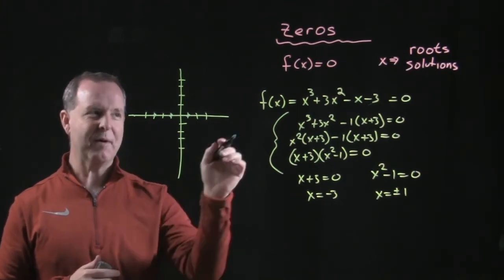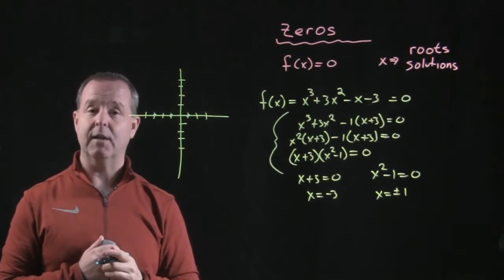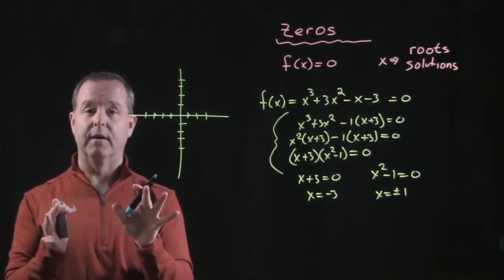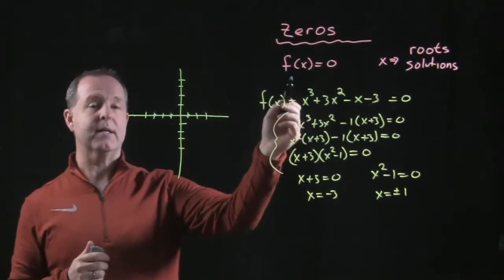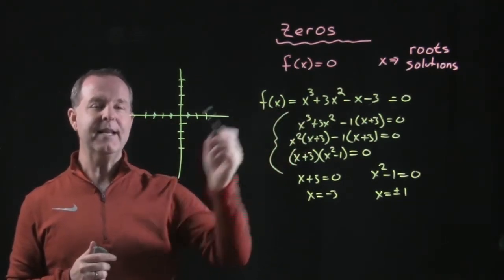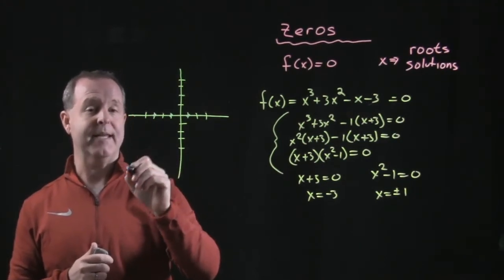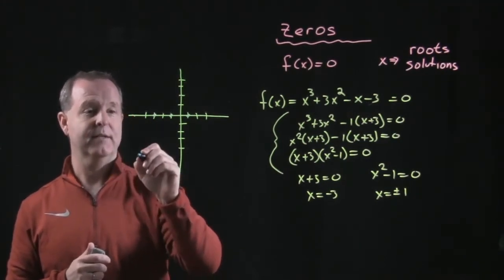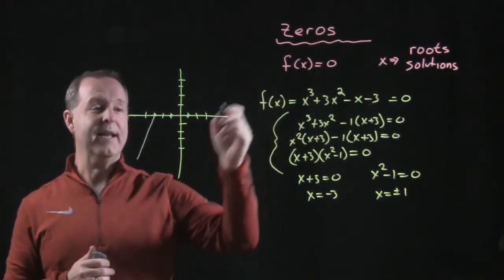Is there anything else you know about this graph? Oh yeah, the leading coefficient tells us end behavior. Oh, that's useful. So it's odd end behavior, and my leading coefficient is positive. So it tells me I have a graph that begins in a decreasing fashion, and it ends in an increasing fashion.